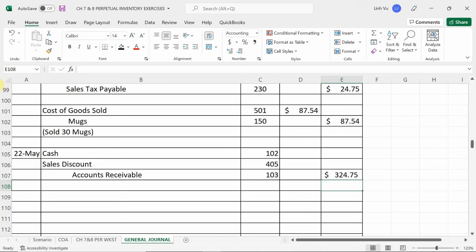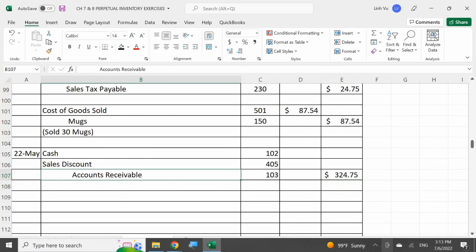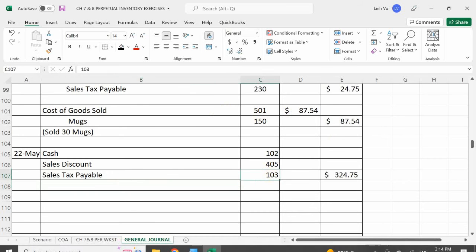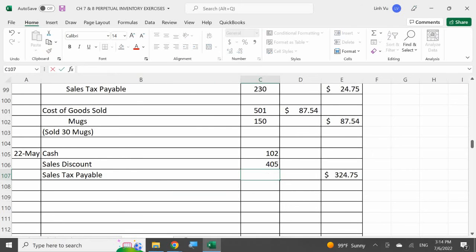Now, because they're going to receive a discount from us, what else is going to happen? We also have to include that they're going to need to get a portion of the sales tax back, because they're paying less than what they owe me. We charged them the full price, so we have to give them a portion of the money back, including a portion of the tax, because they're now paying at a discounted price.